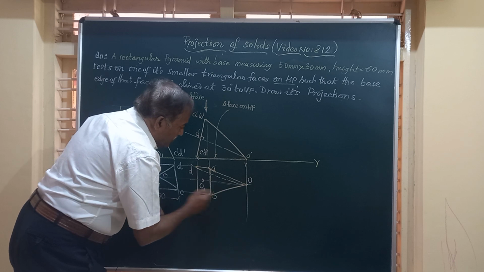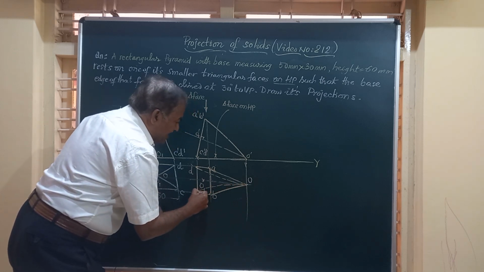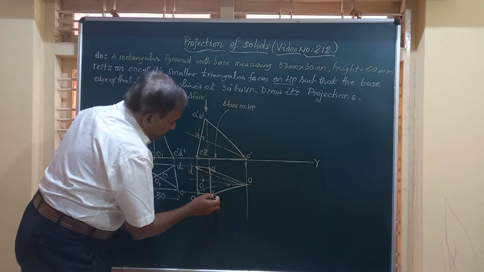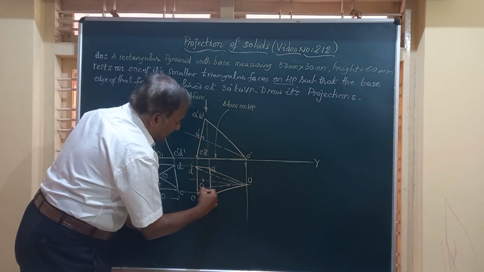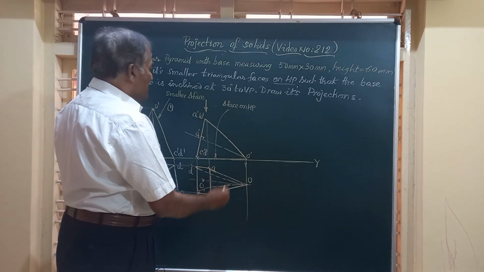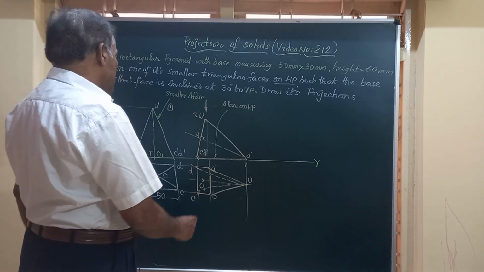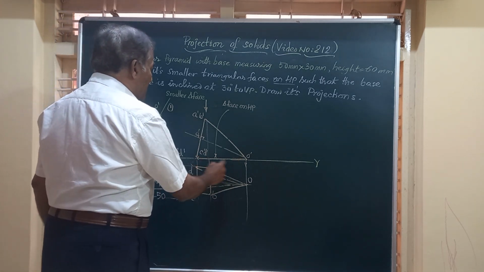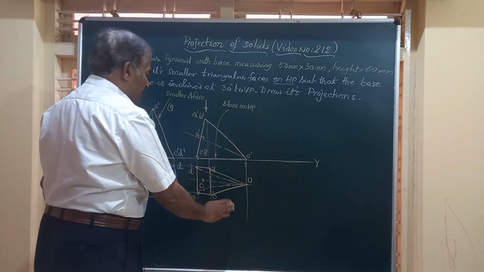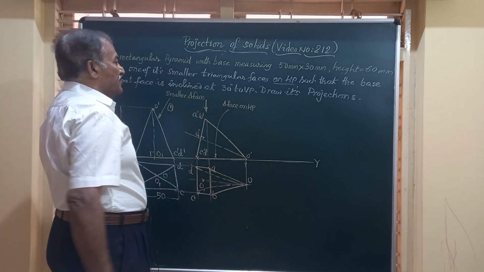Likewise, even OC is to be shown by a dotted line, because this OC is also not visible since it is cutting there. So friends, you have got the top view of the pyramid when it is resting on one of the smaller triangular faces on HP. So this is the top view, and this will give you the front view.